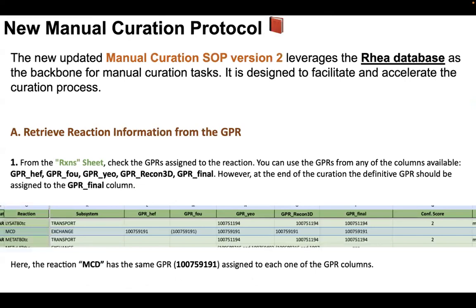So the next thing that I want to talk about, and this is basically the bulk of this workshop, is this new curation protocol that we put together. I sent in the newsletter a link to this new curation protocol.